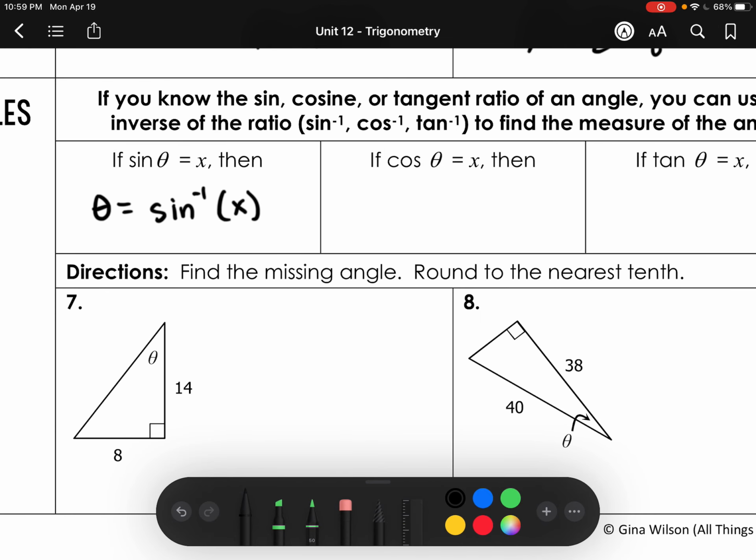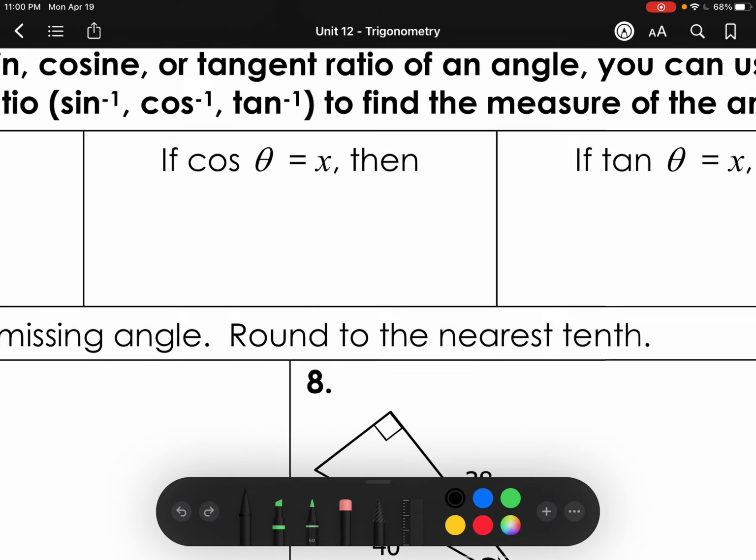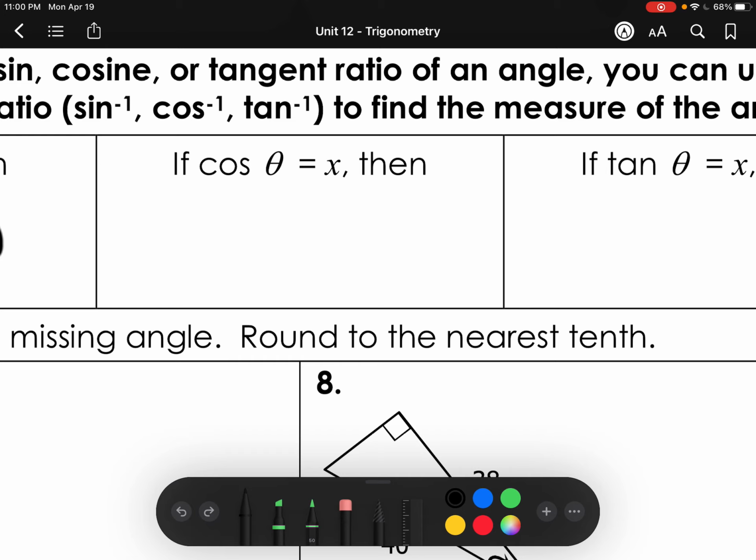So basically, remember, x is opposite over hypotenuse. And so we're going to use the inverse sine function in our graphing calculator, and we're going to put in the two side lengths that correspond. And we're going to then use that function to help us find the measure of the angle. All right, so then if cosine theta is equal to x, then that means that theta is equal to the inverse of cosine of x.